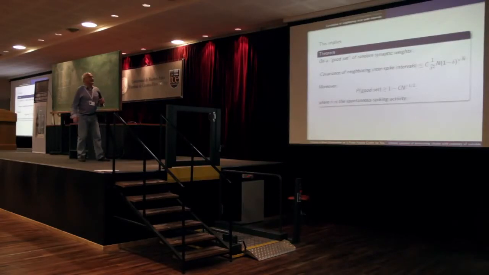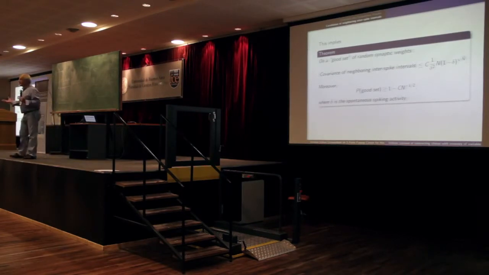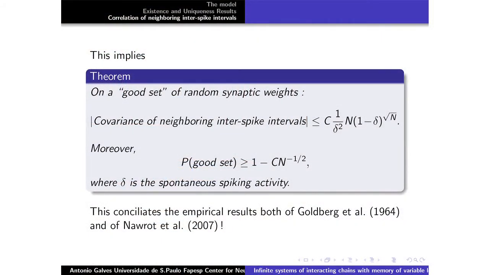And then this implies the following theorem. So you have a good set of random graphs. This good set of random graphs has a very big probability. And in this good set, for any graph in this good set, the covariance is bounded above by (1 minus delta) to the power square root of n.